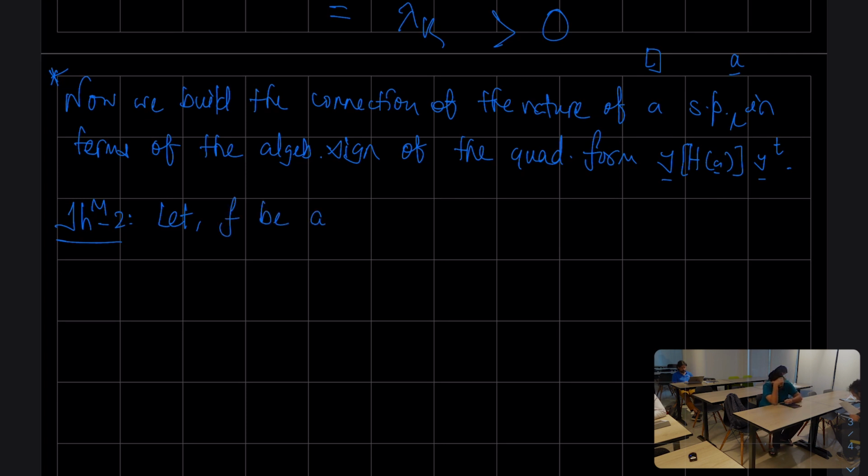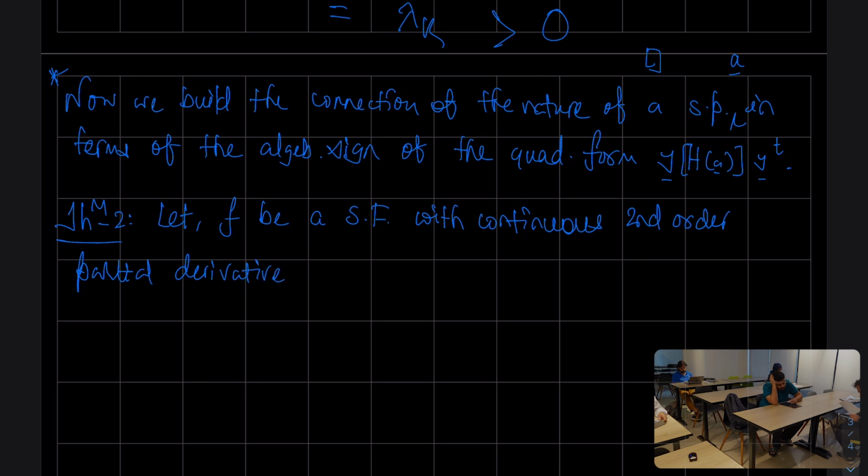Let f be a scalar field with continuous second order partial derivatives. In general this would be a mixed partial derivative in an open n-ball.